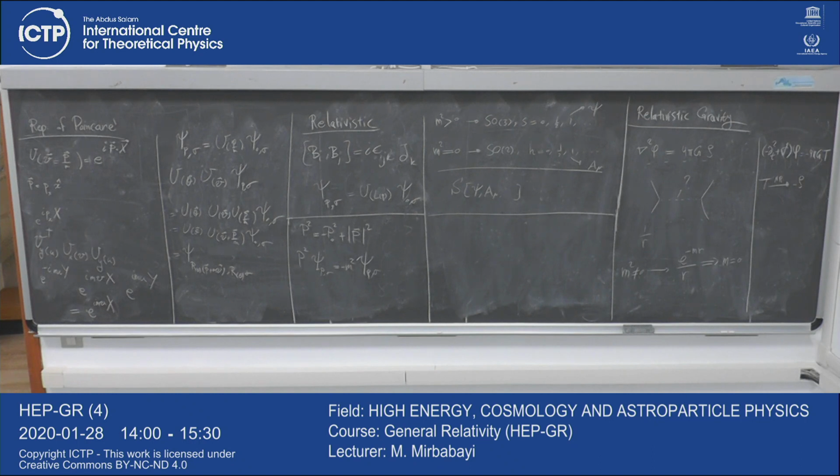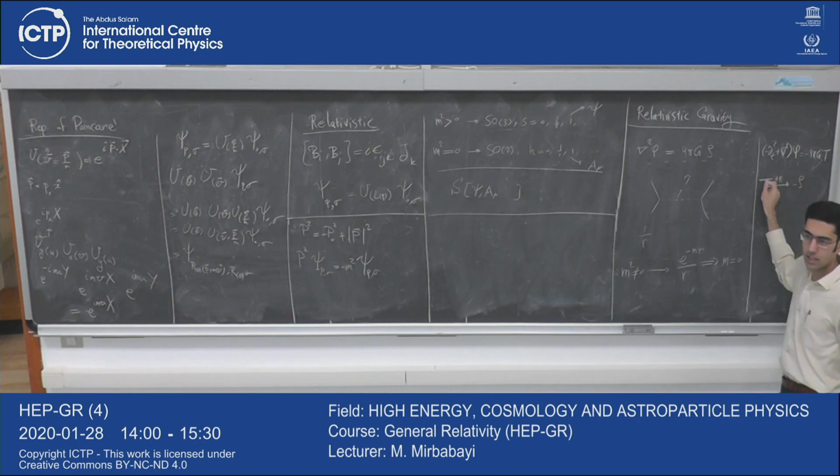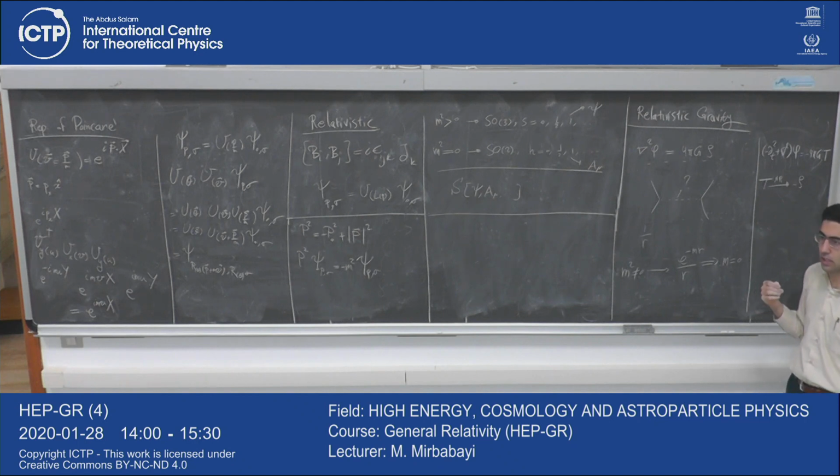And we already have a guess for what that object has to be. It has to be the trace of the energy momentum tensor that we talked about in the previous lecture.